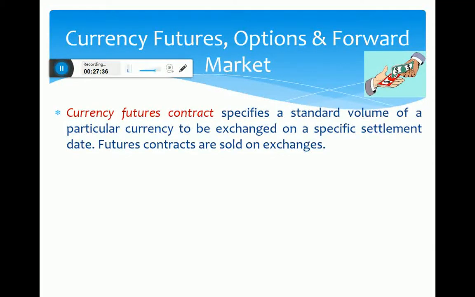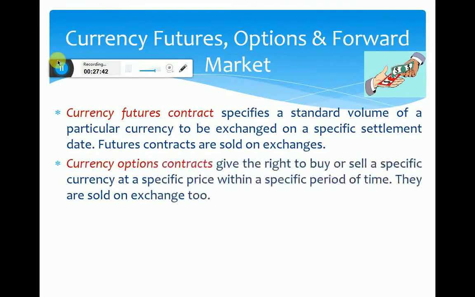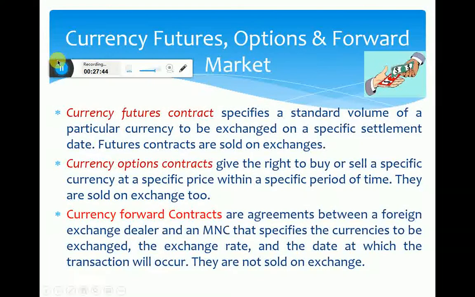Okay, we have currency futures, currency options, and currency forwards. These are three different types of markets where people deal in currency exchange. Basically, they are the contracts or the dealings which are made in foreign exchange on a specific market.